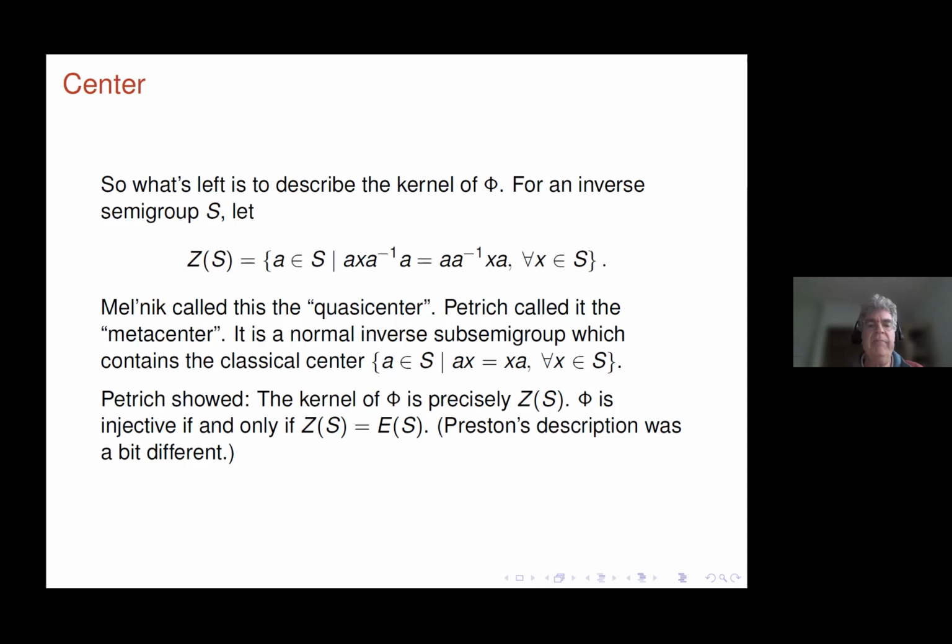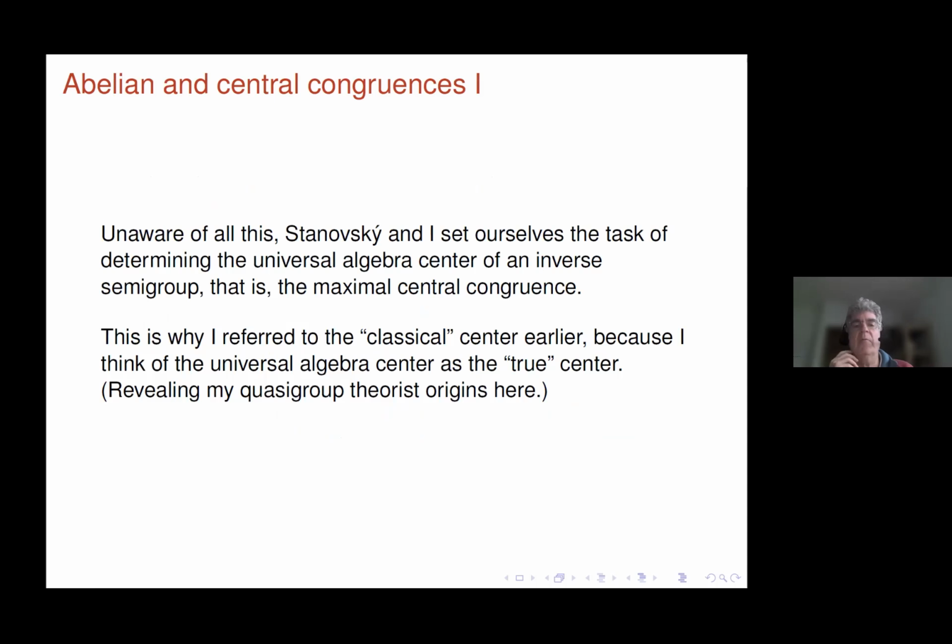Now, when David Stanovsky and I, several years ago, set ourselves the task of determining, well, a lot of you know him, he's a universal algebraist. I'm not a universal algebraist, but he suggested the task of determining the universal algebra center of an inverse semigroup, that is, the maximal central congruence.